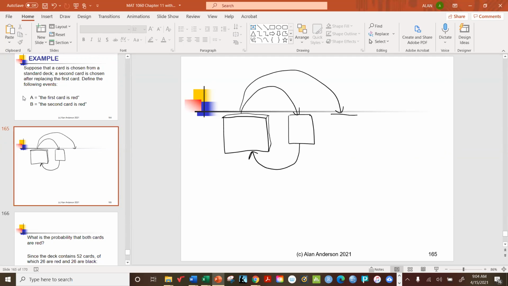I hope this little diagram makes sense to you. This is referred to, and you don't have to memorize this, as sampling with replacement.